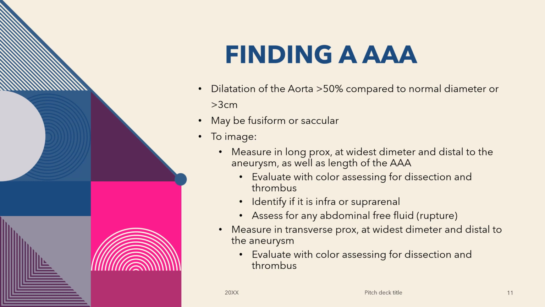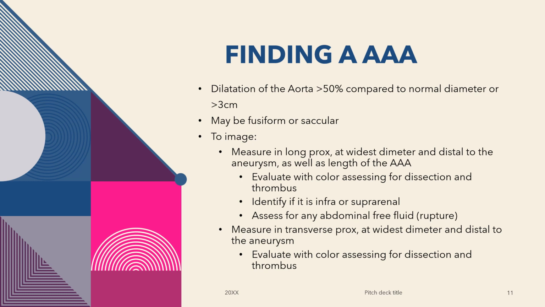So in that type of case, what you'd want to do is identify an aneurysm where any area of the aorta measures greater than 50% more than the normal area. So if all of the aorta is measuring 3, but a particular area is measuring 4.5, then that would be indicative of an aneurysm at that 4.5 area, whereas the rest of the aorta may be just considered ectatic.